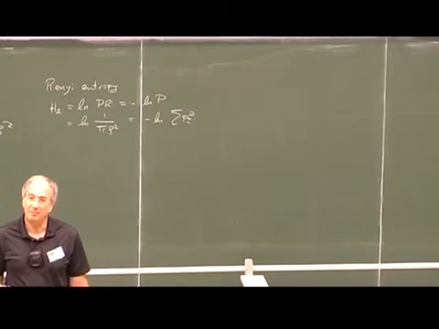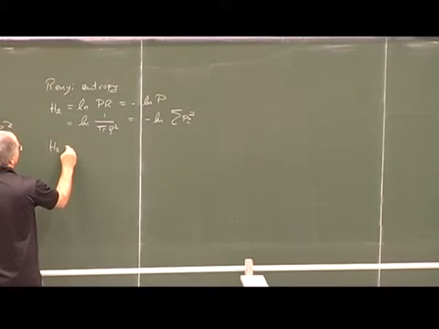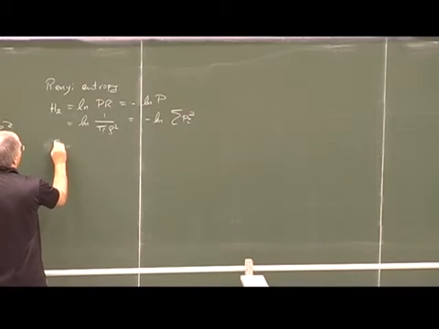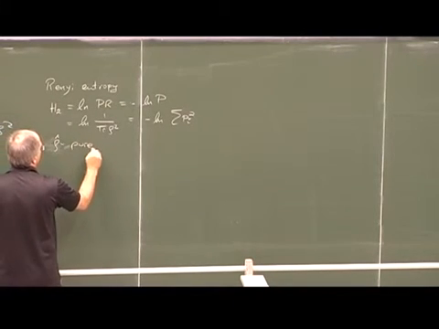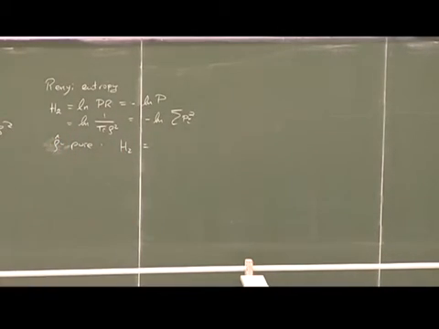So now the log has reappeared, but it has reappeared as the log of the sum of the eigenvalues. I don't need to diagonalize and take the log of the eigenvalues. I can take the log of the sum of the eigenvalues. And it's a much easier quantity to evaluate. And again, for a pure rho, H2 is equal to zero.